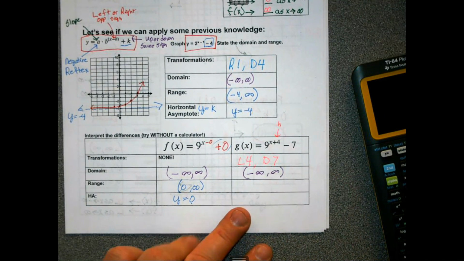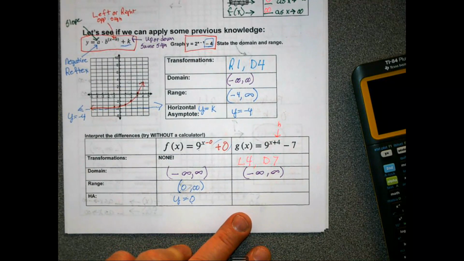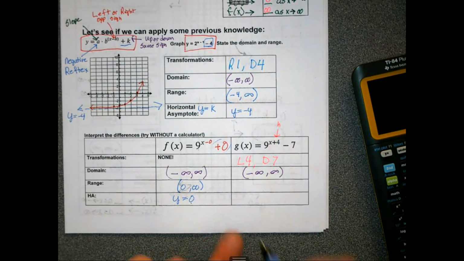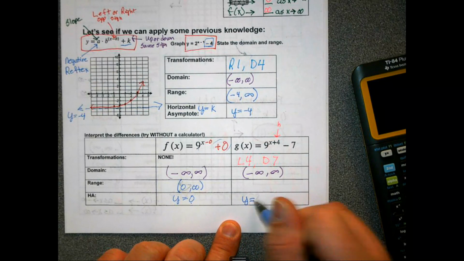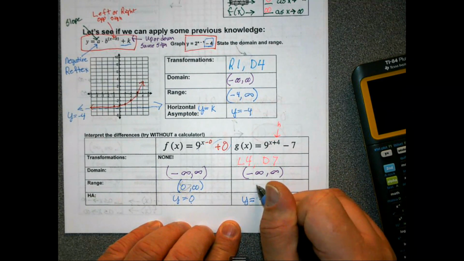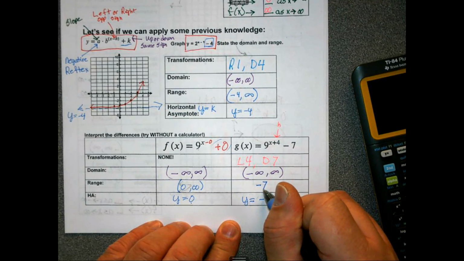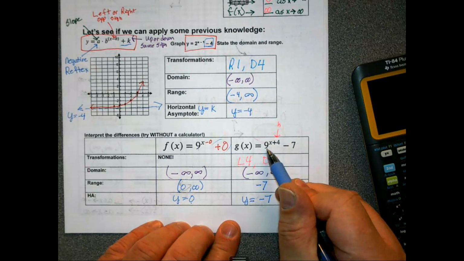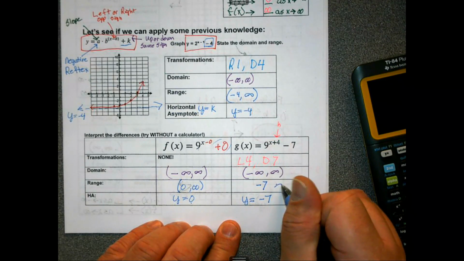And then like I said, I'm going to do my horizontal asymptote first. y equals k, which is -7. So my -7 is going to be in my range. It's growth, so it's going to go to positive infinity. And there's my range.